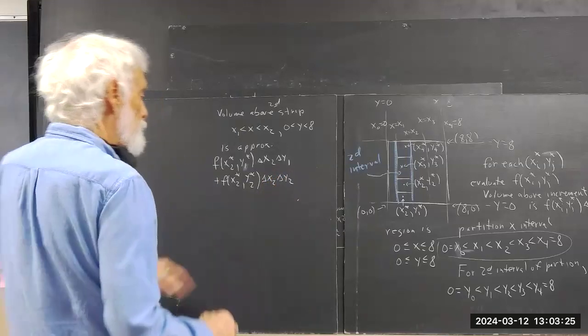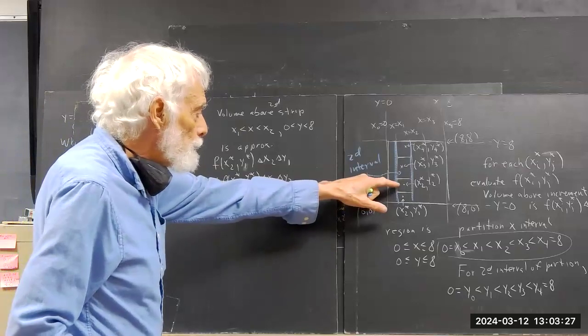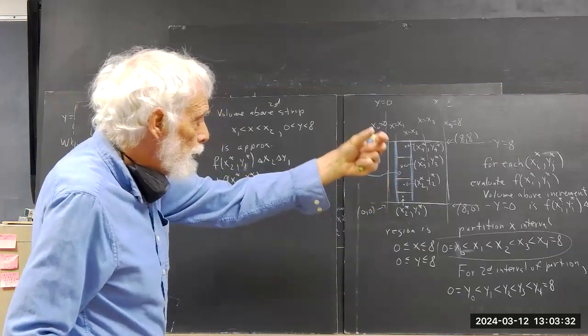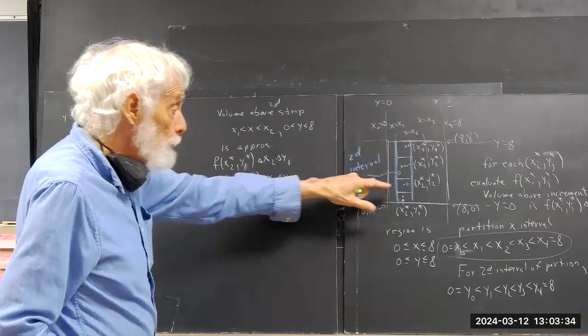Okay, well, then this would correspond to the value of f at this point, which is how high the graph is above this point.